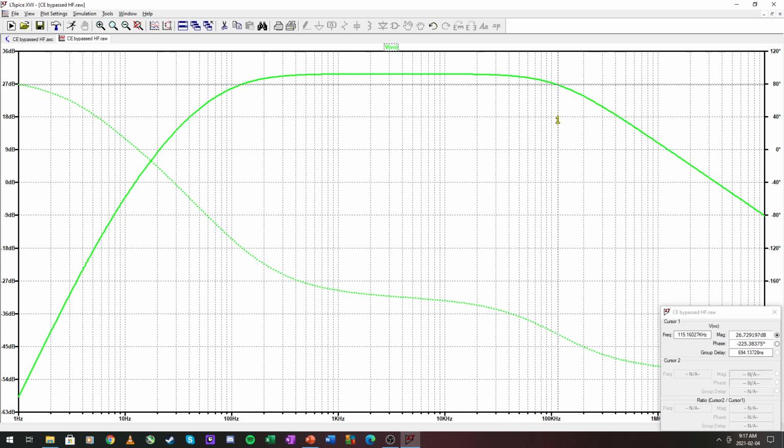Okay, right here. So our higher cutoff frequency is 116 kilohertz in simulation. That is fairly close to the 95 that we got.